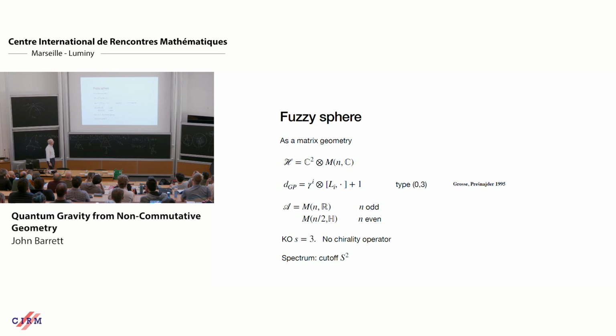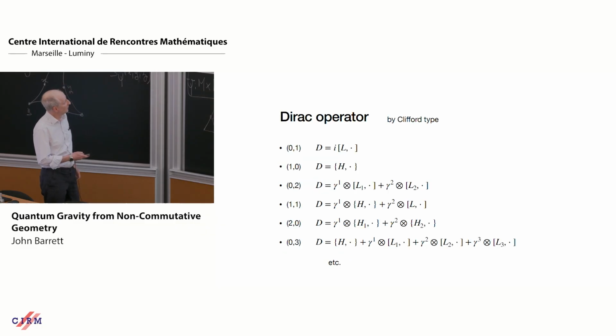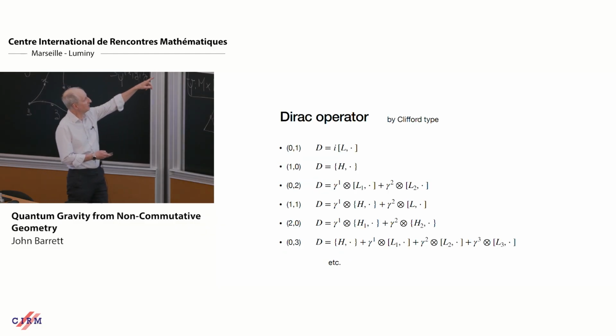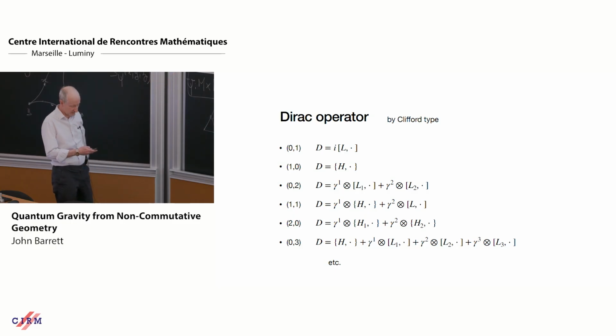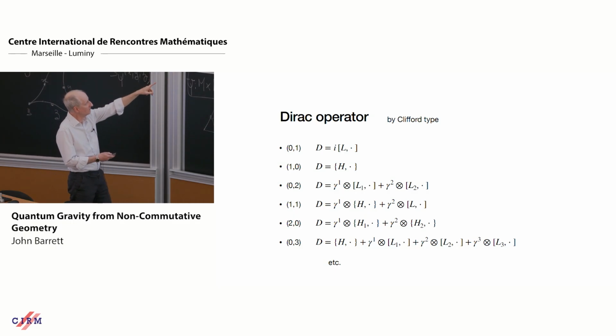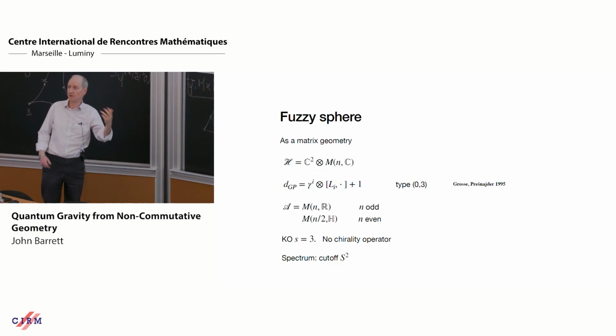It's type 0, 3, and therefore has KO dimension of 3. And the formula is one of the types I had on the previous slide. It's at the bottom here, where the Hermitian matrix H is just in fact a half, so the anti-commutator is just 1. And then L1, L2, and L3 are the generators of the n-dimensional representation of SU(2).